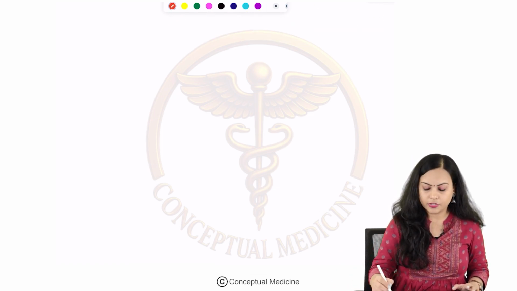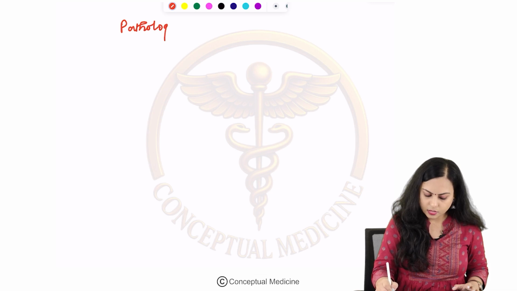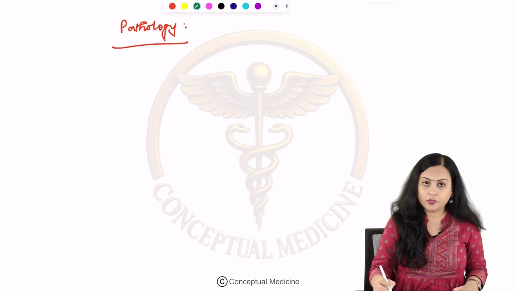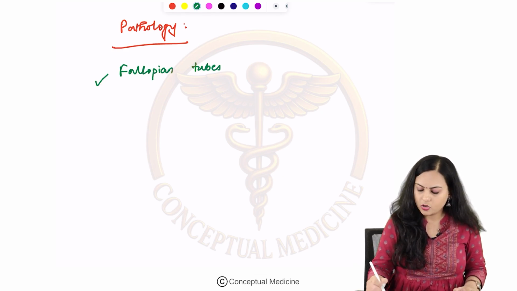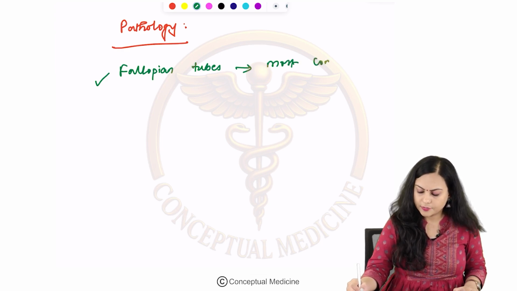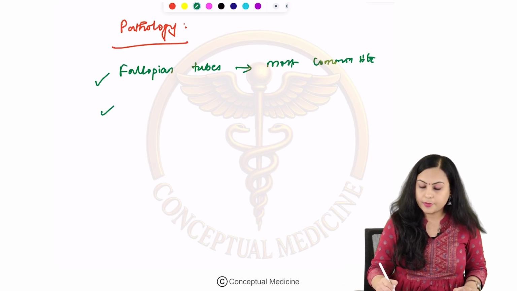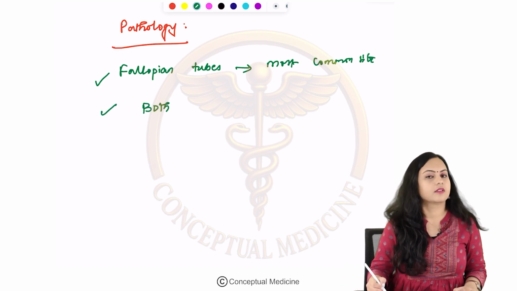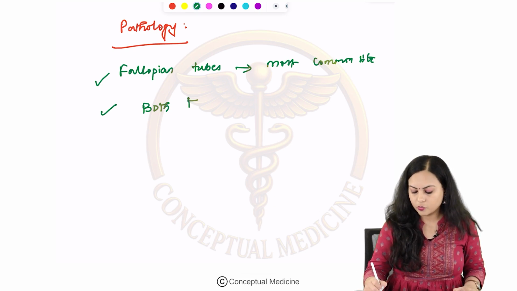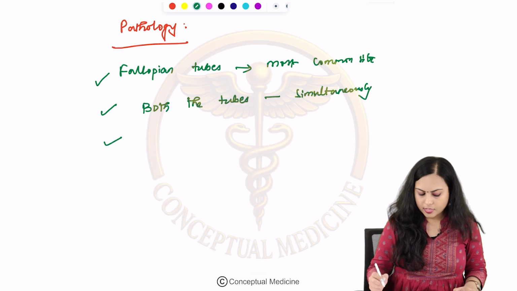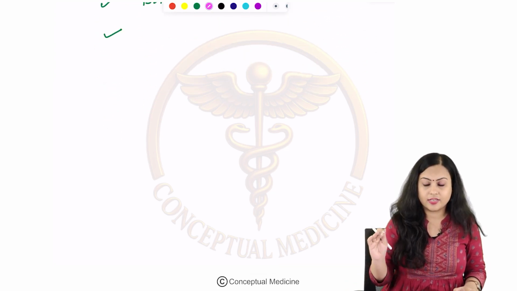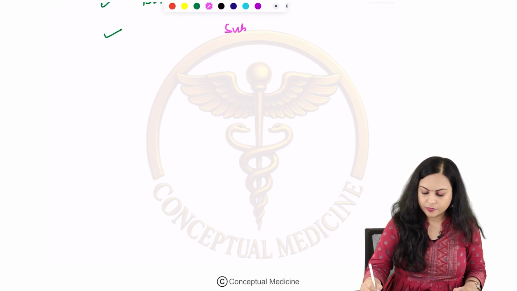Now, let us discuss the pathology. Already I told you that fallopian tubes are the most common site of genital tuberculosis, and remember, most of the times both the tubes are going to be involved simultaneously. The initial site of infection in the tubes is going to be the submucosal layer.